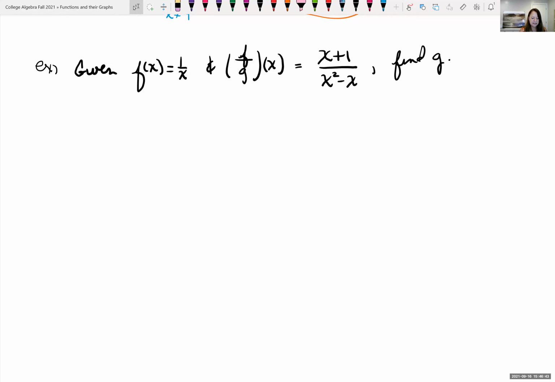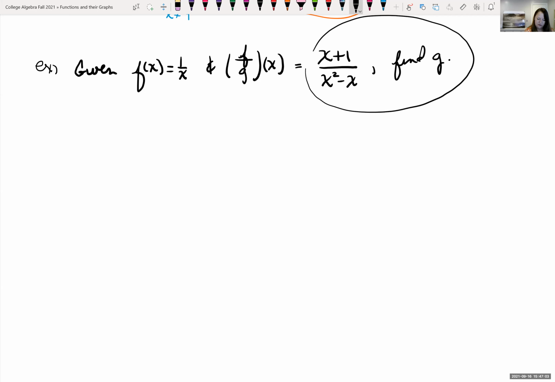So given f of x equals 1 over x and f divided by g of x is x plus 1 all over x squared minus x, we want to find g. Okay, so let's write this out.